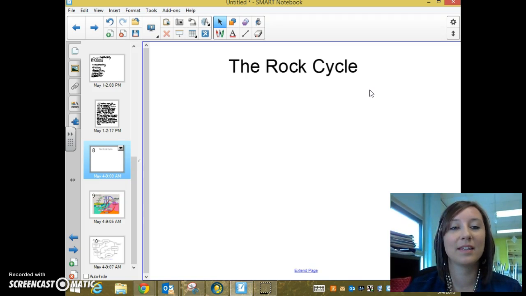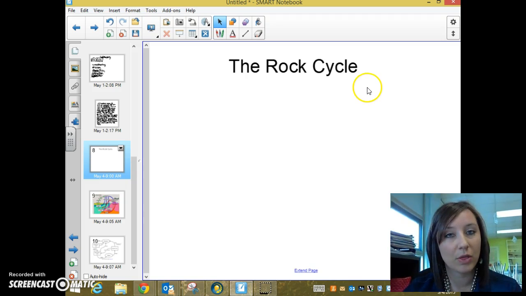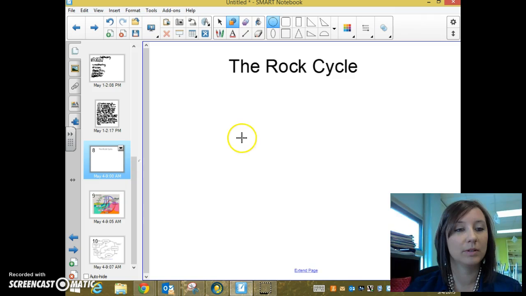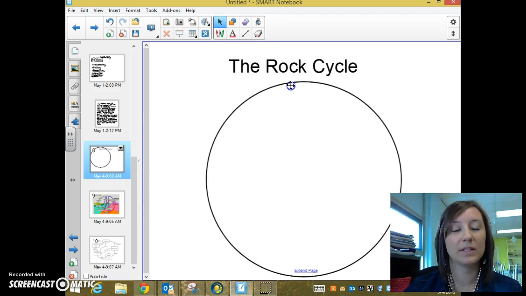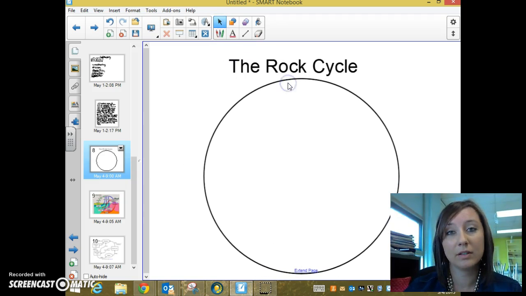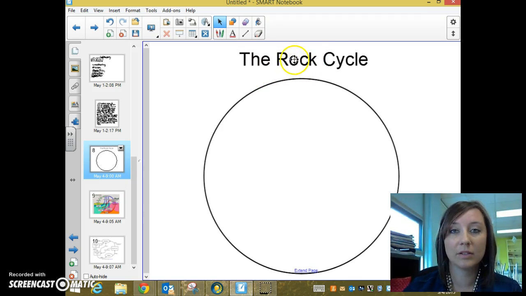You can be thinking of maybe a shape. So what shape do you associate with the word cycle? And I don't know about you, but I think of a circle. Another cycle that you might be thinking of is maybe you've learned about the water cycle. And so now we're going to be talking about the rock cycle.